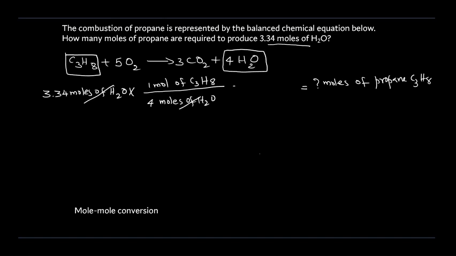And now we can write only the numbers: 3.34 times 1 mole of C3H8 divided by 4 in the denominator. So the numbers are 3.34 divided by 4 and I will get the answer 0.83 moles of propane.